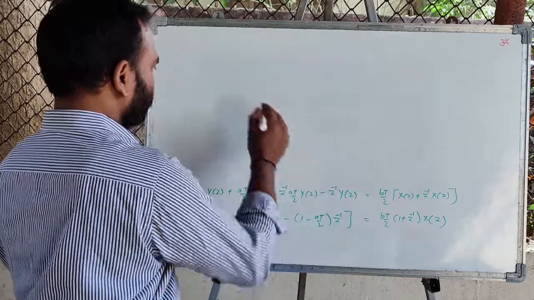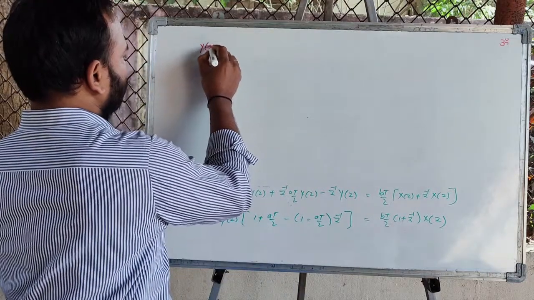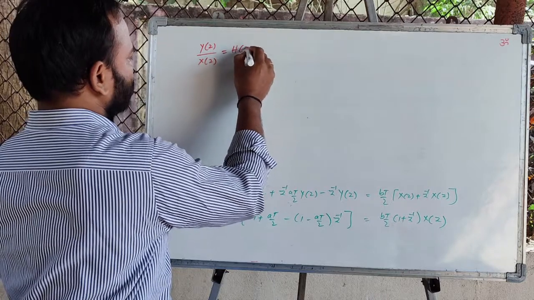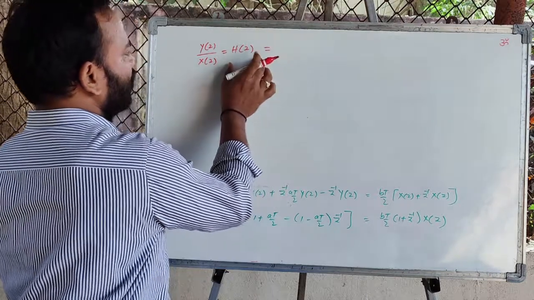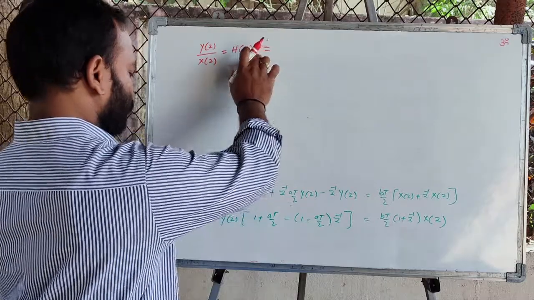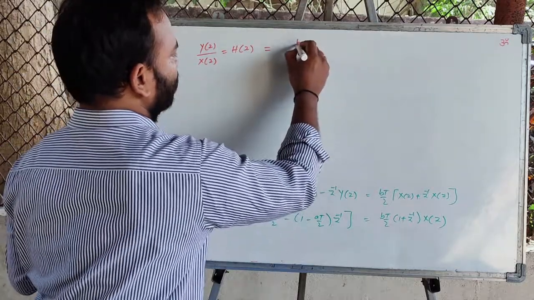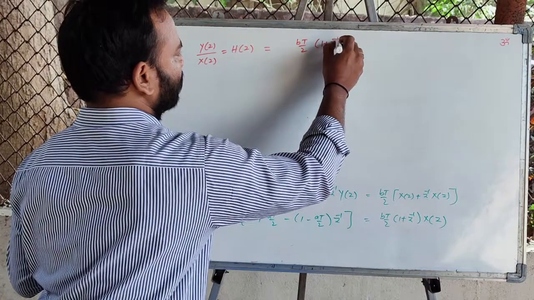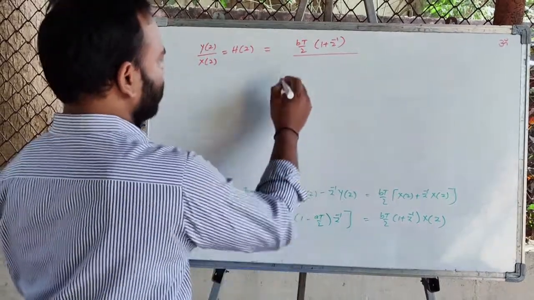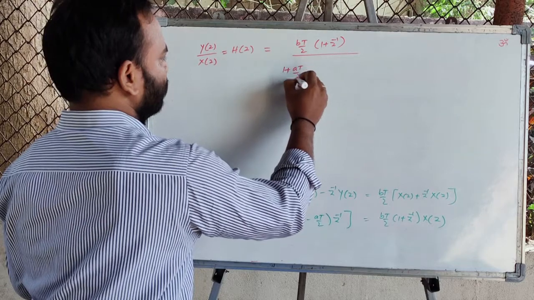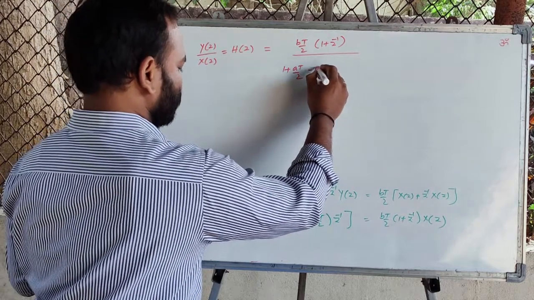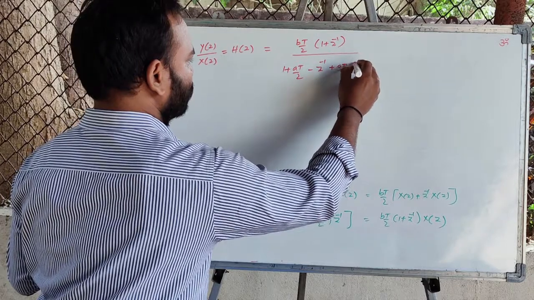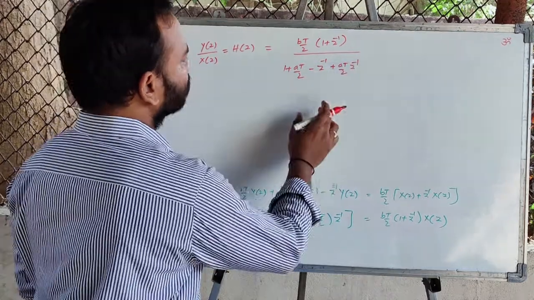From this equation, Y of z by X of z is referred to as H of z. This is the transfer function in the digital domain. H of z is equal to bT by 2 times 1 plus z power minus 1 divided by 1 plus aT by 2 minus z power minus 1 plus aT by 2 z power minus 1.